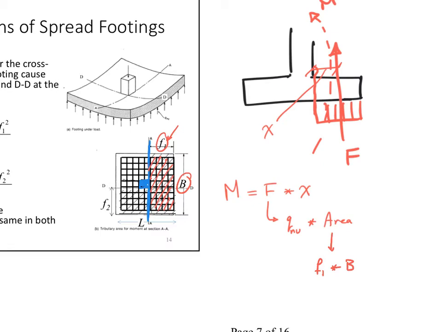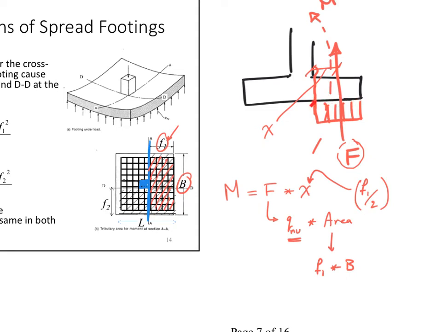Okay? Now I got the area multiplied by the Q net, all of them multiplied by X. What is X? If I found F1, then X equals F1 divided by 2, right? Because the line of action is exactly in the middle of F1. So X equals F1 divided by 2.